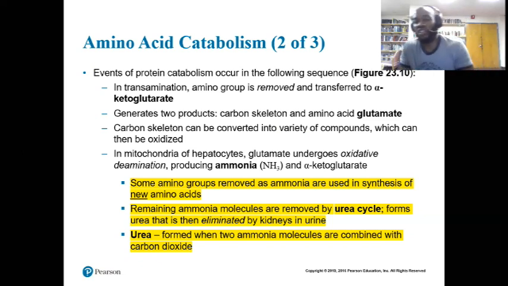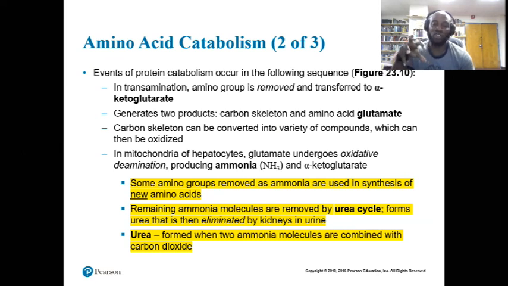In the mitochondria of the hepatocytes, that's in your liver, the glutamate undergoes oxidative deamination, producing ammonia and alpha-ketoglutarate. Some amino groups removed as ammonia are used for synthesis of new amino acids, so you can use this to make new amino acids when that amine group is removed.